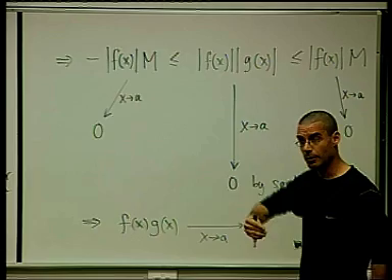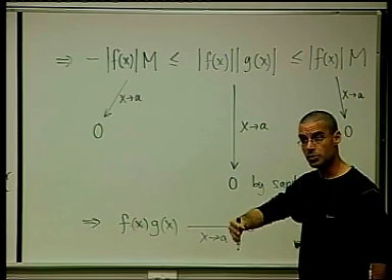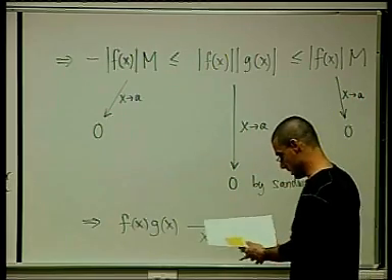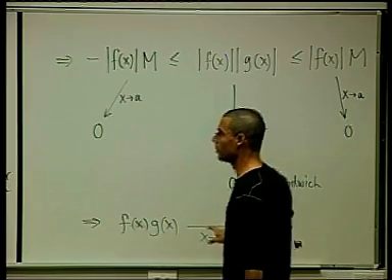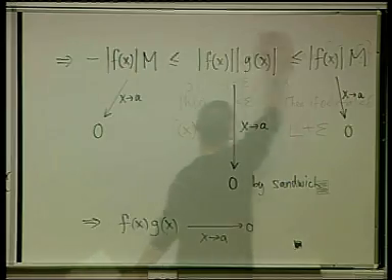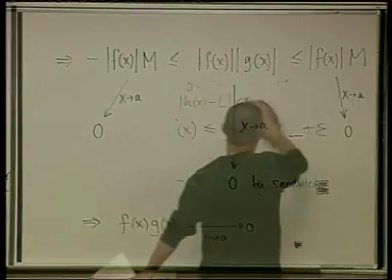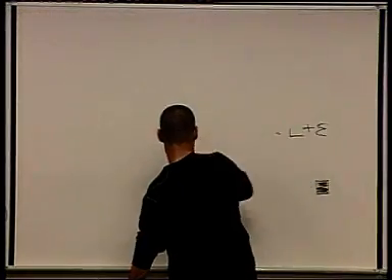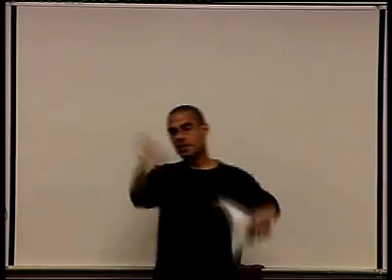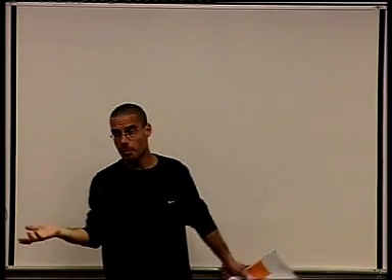So this is this theorem. If a function is bounded, multiplied by a function that goes to 0, the product goes to 0, even though it's more than arithmetics. So let me do a couple of examples. Yes, quick question. Why does it need to be in the neighborhood of a? Well, whenever we have statements about limits, everything is going to be defined in a neighborhood of the point.